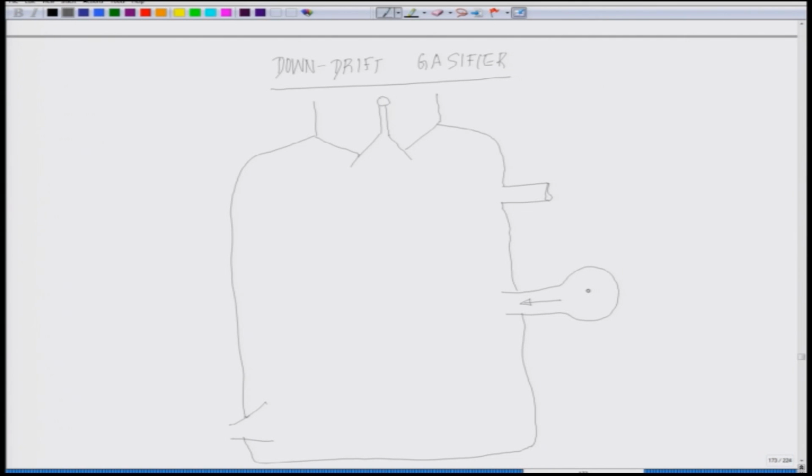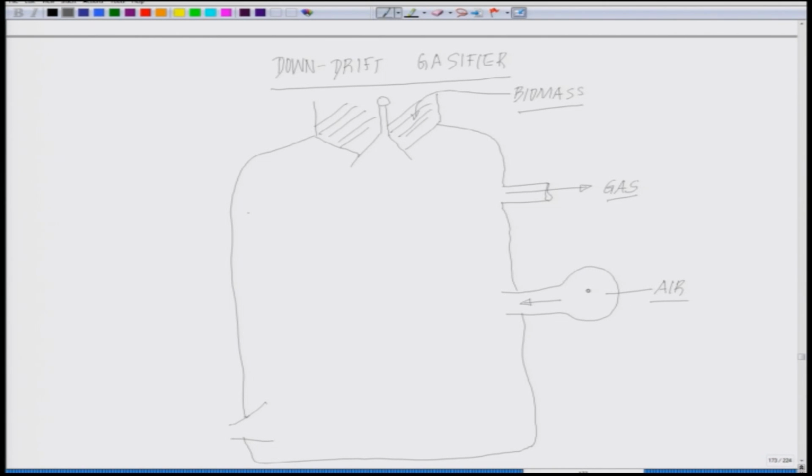Now, this zone, if you remember, this is where you are introducing the biomass. So, this is the biomass introduction zone, and from here the gas is escaping out. And this is the port through which air is being pumped into it in order to promote the combustion process, pyrolysis and all other processes.